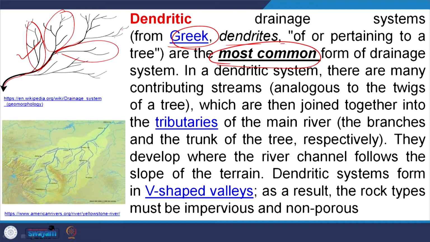They develop where the river channel follows the slope of the terrain. Dendritic systems form in V-shaped valleys. As a result, the rock types must be impervious and non-porous. Here is the geological interpretation: the rock type will be impervious, not porous, not permeable.